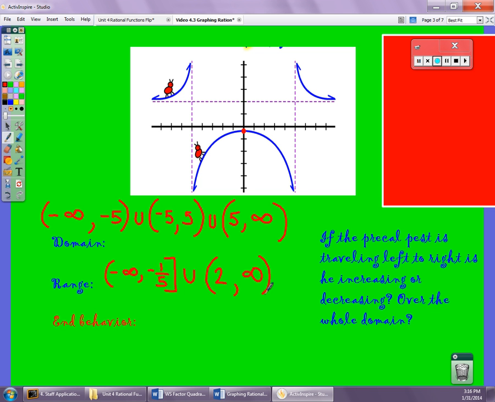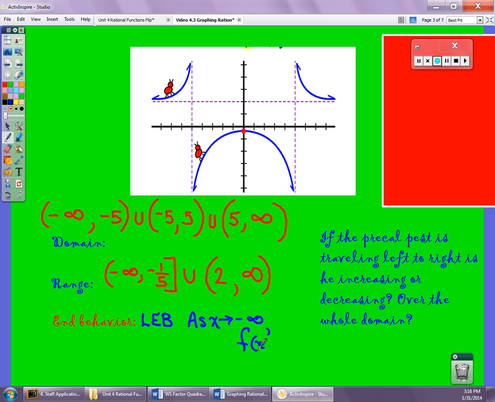Our end behavior, remember, this is asking what the graph does in the left end and in the right end. So looking at left end behavior, I'm going to write as x approaches negative infinity, what does our graph do?